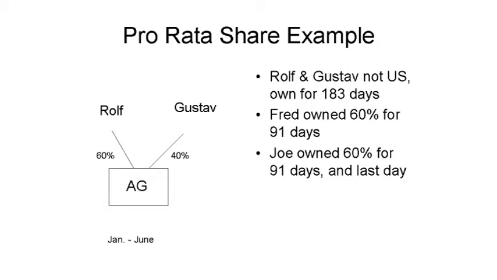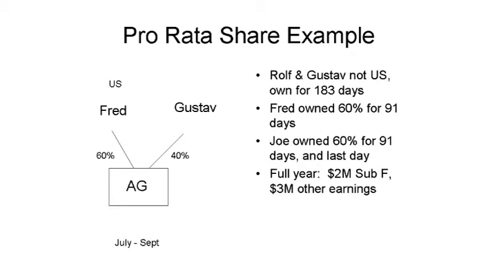Here's an example. AG, a foreign corporation, was a CFC for 183 days and had $2 million of Subpart F net income for the full year and $3 million of other income for the full year. Rolf, not a U.S. person, owned 60% of AG and sold it to Fred on July 2nd.